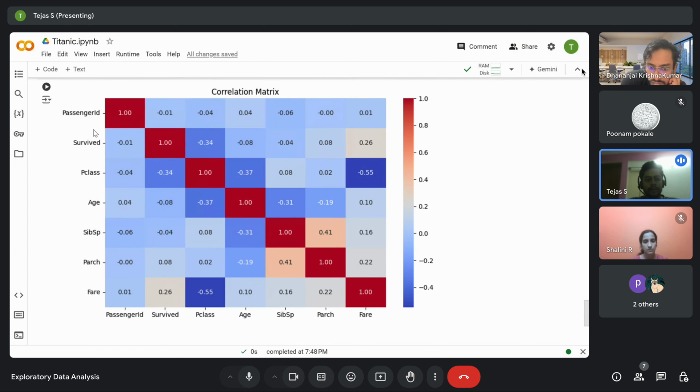For example, if I consider the survived column, if the value is more than zero, we can say it has a little dependency. If it is one, it has maximum dependency. If it is less than zero, there is no dependency.